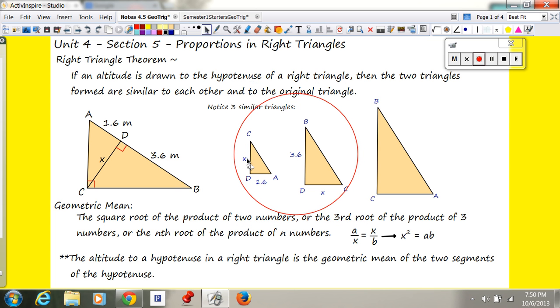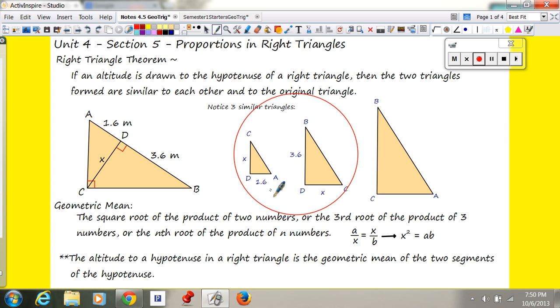They have the back side and the back side, and they have the bottom side and the bottom side. So if I wanted to make a proportion right now, I could put x over 1.6 equals 3.6 over x, or I could put x over 3.6 equals 1.6 over x.